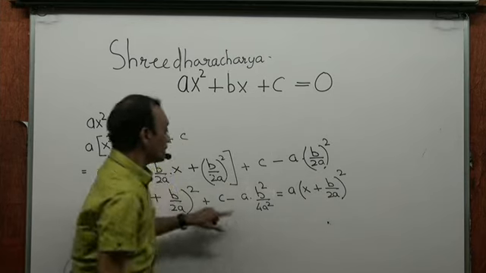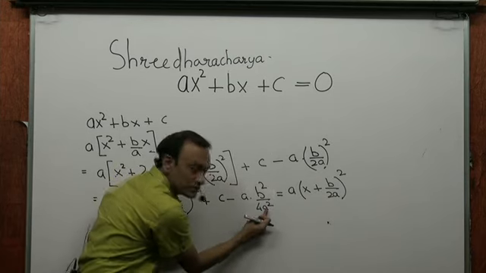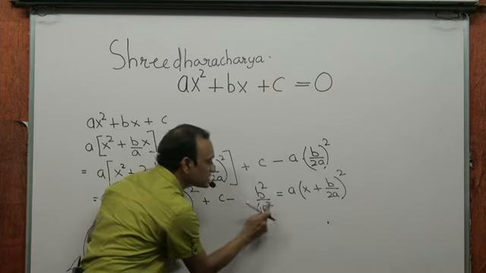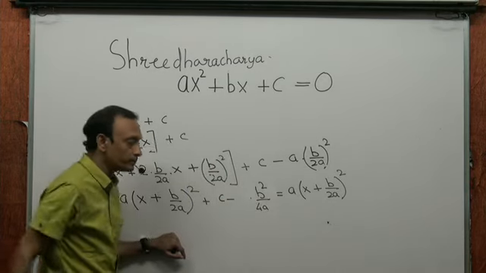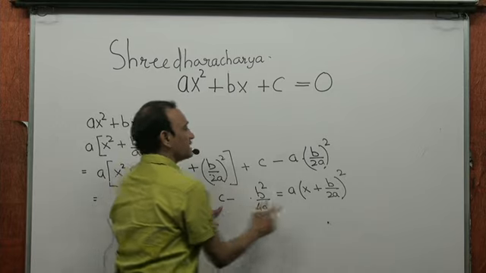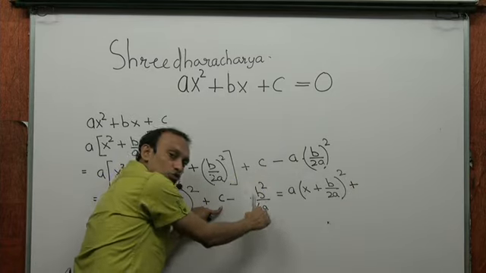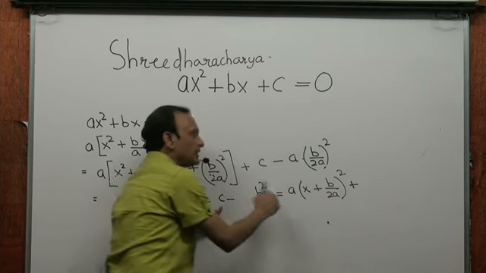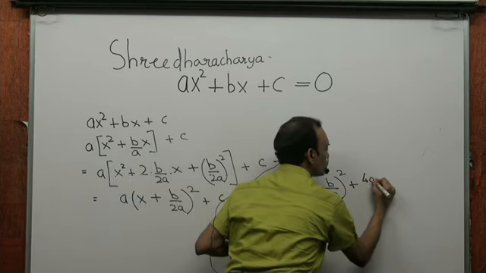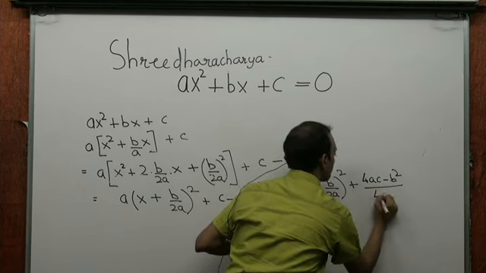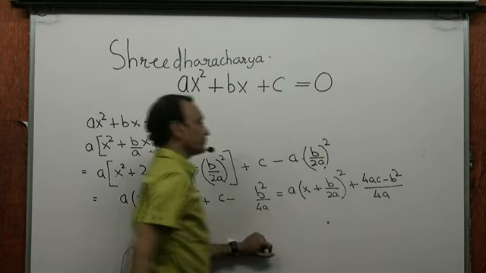And then realize that a squared appears in the denominator here, a appears in the numerator here. I can cancel this off, right? Yes or no? This then is like plus, if I add these two terms, it's going to be 4ac minus b squared by 4a. Yes or no?